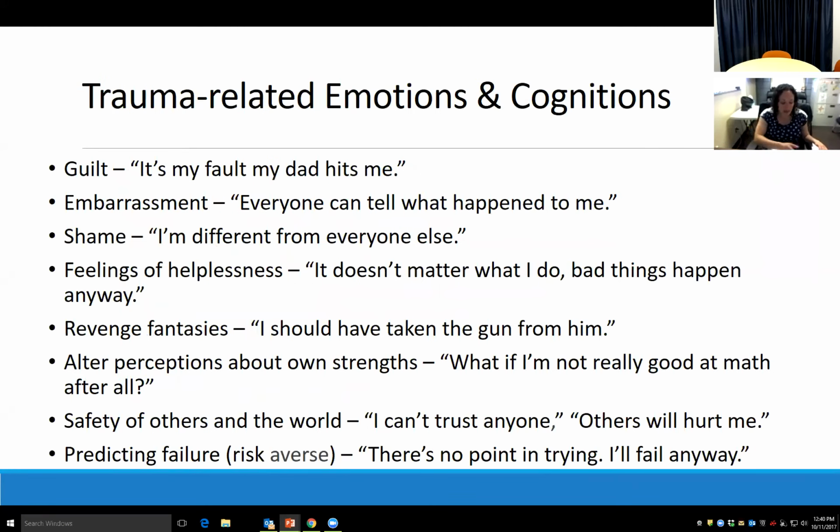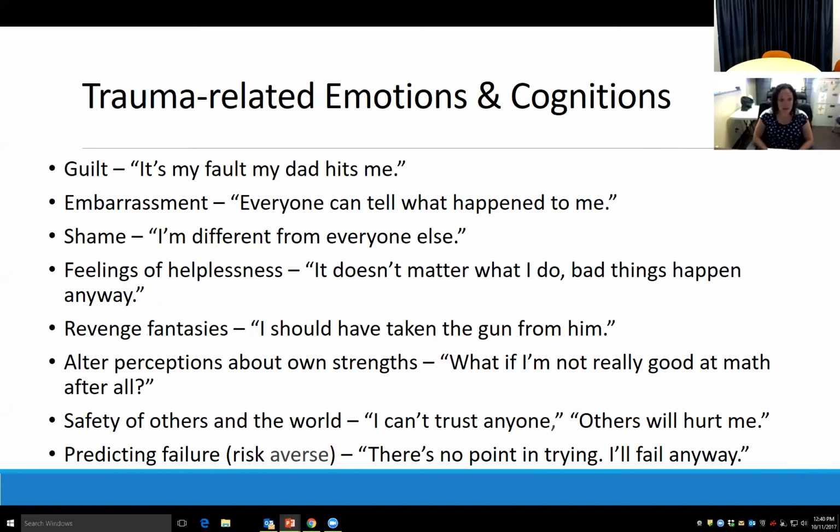So I said we'd come back to that negative mood cognitions category from PTSD, and this is where I wanted to do that. I wanted to spend some time looking at what are common emotions and cognitions, or thoughts, that individuals have, particularly kids, after they experience trauma. In cognitions, thinking about my thoughts about myself, the world, and others.